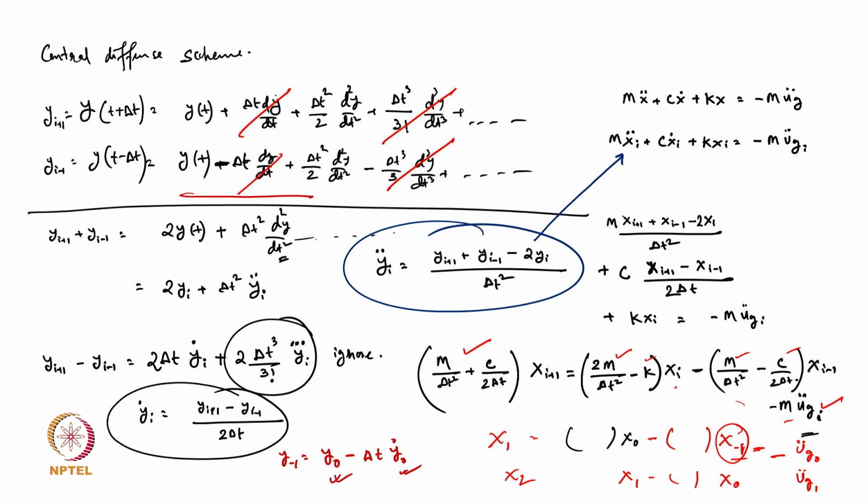Any question after this? So is this scheme an explicit scheme or implicit scheme? It has -1 and +1, but why is it explicit? Why not implicit? Because last time we saw we needed only one value and still it was explicit.